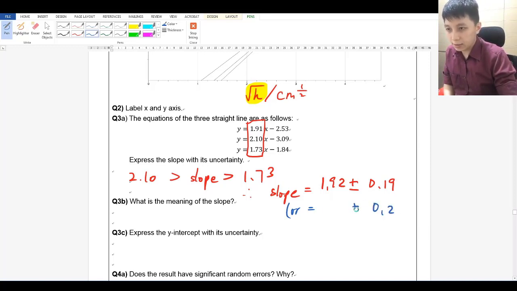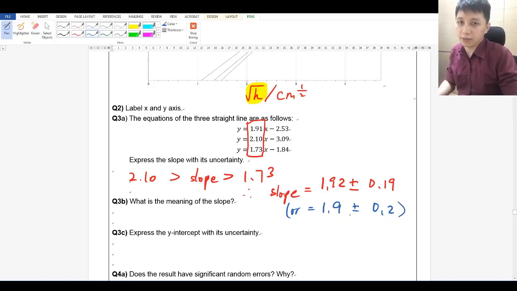In this case, your average value also has to change to 1.9 only, right? Because they have to match the decimal point. Both of these should be accepted in the Physics IA. However, you should put down the units as well, but I think for that, we can answer after we find out 3B's answer.